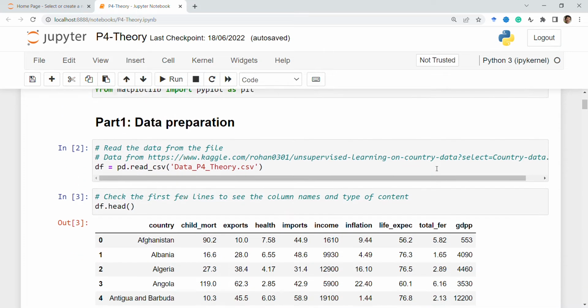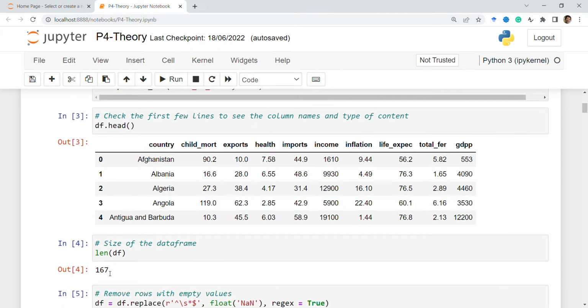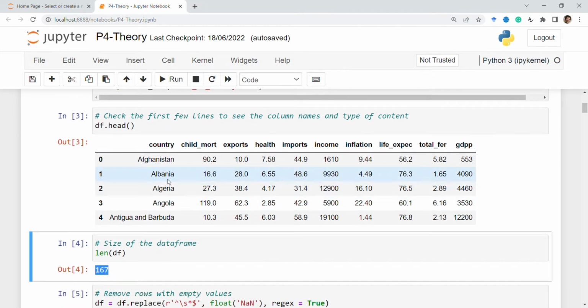So the characteristics we have are about, almost 170 countries, and we have things like child mortality, exports. Child mortality is the number of children that die before the age of 5 years, and then exports in millions of, I don't know what, and then health.